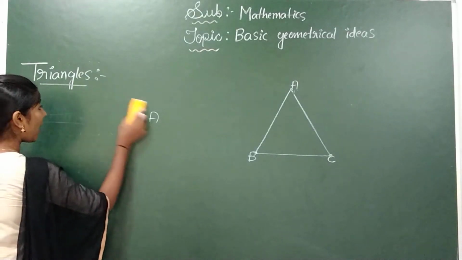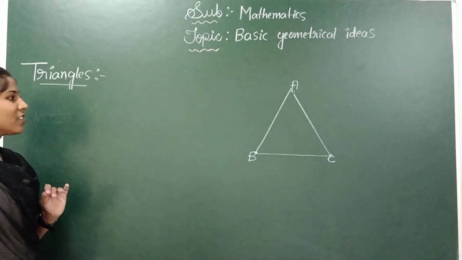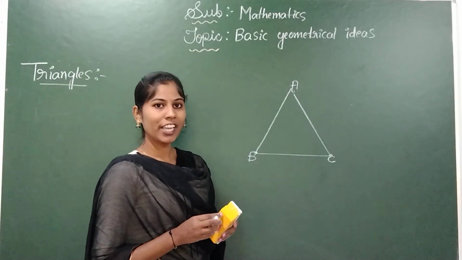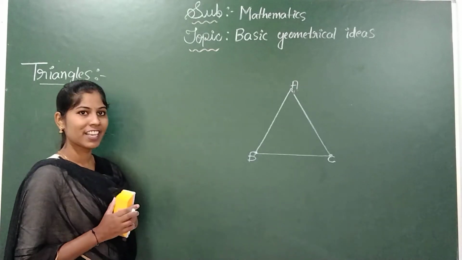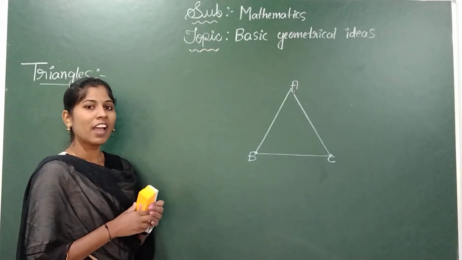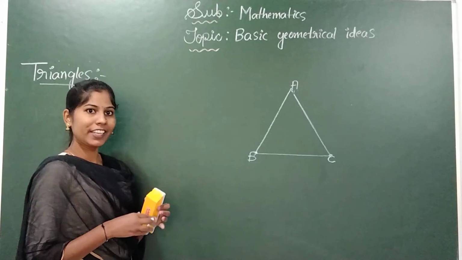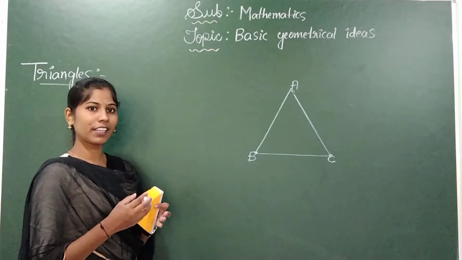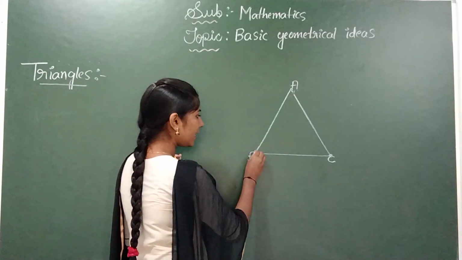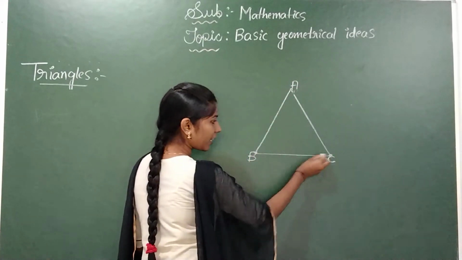The next one is the angles of the triangle. What are the angles? Here I told you where two rays meet, those are called angles, and they meet in the corners. They have the same initial point where they start, and at that place they form an angle. For example, this is the initial point of the ray BA, and this is the initial point of the ray BC.